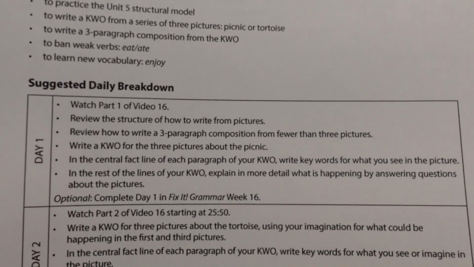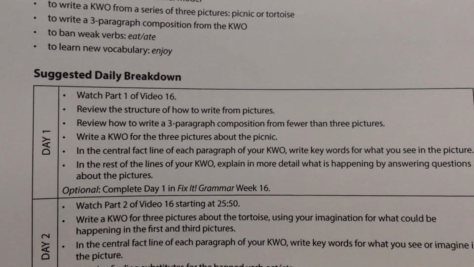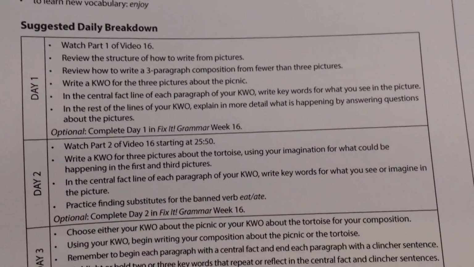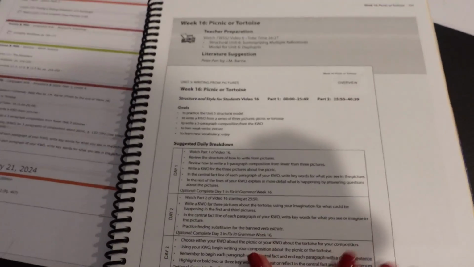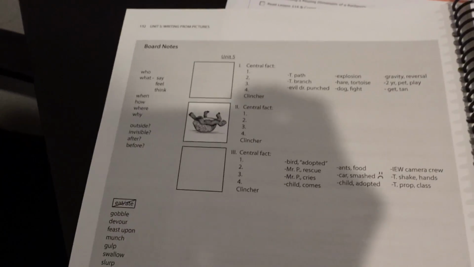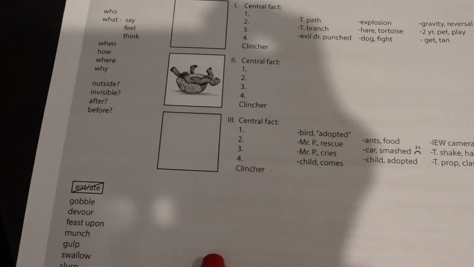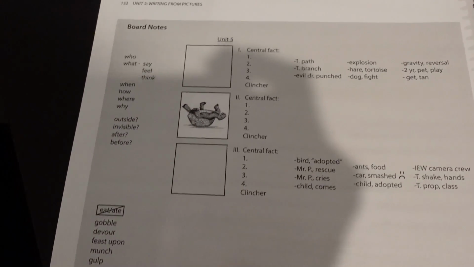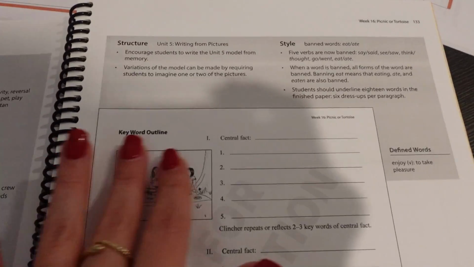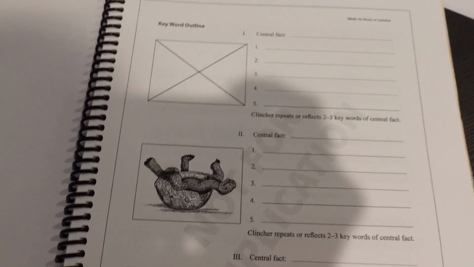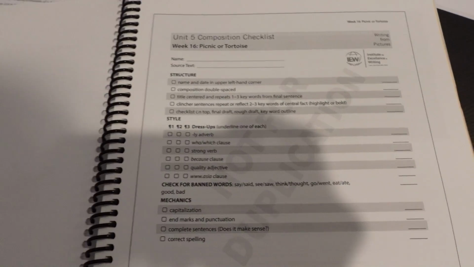So watch part 1, review the structure, and that is what you're going to see us completing over this video. Anything that the teacher does in the video, we get a copy of in our teacher's guide. And over here are any handouts the kids are going to be doing. It really makes it easy having this teacher's guide.